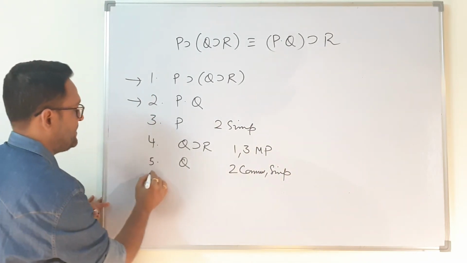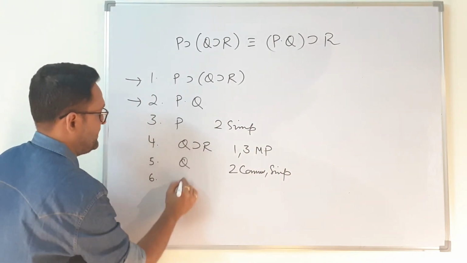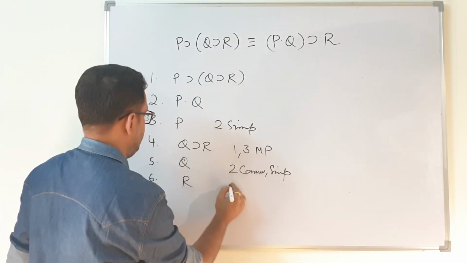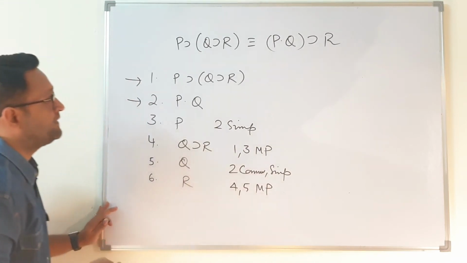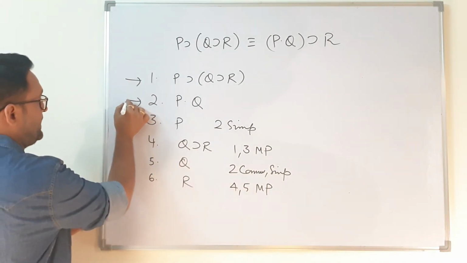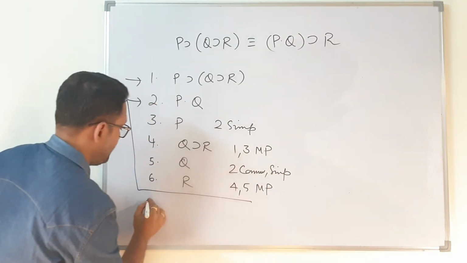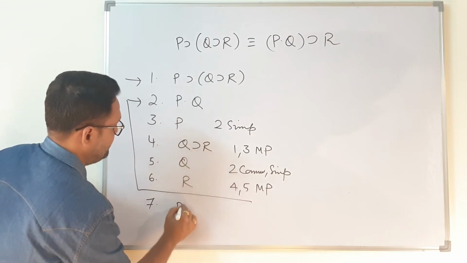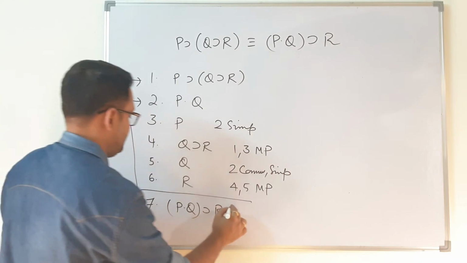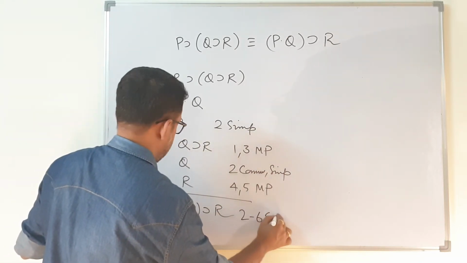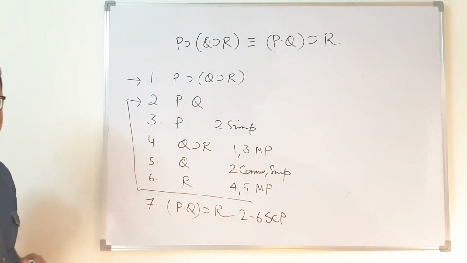So Q has also come. So on line number 6, I will get R. So this will be 4, 5 modus ponens, right? So I can put a closure here, and on line number 7, I will get P dot Q implies R. So this is from 2 to 6 SCP, and I have got my desired result, right?